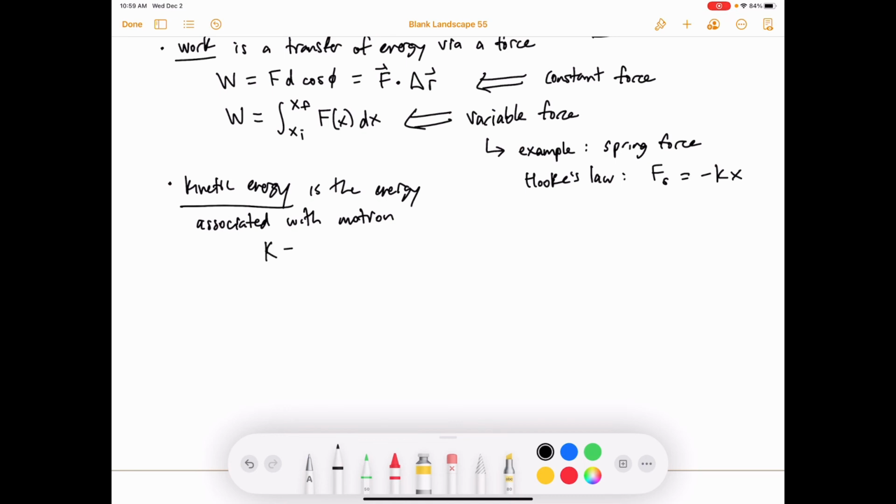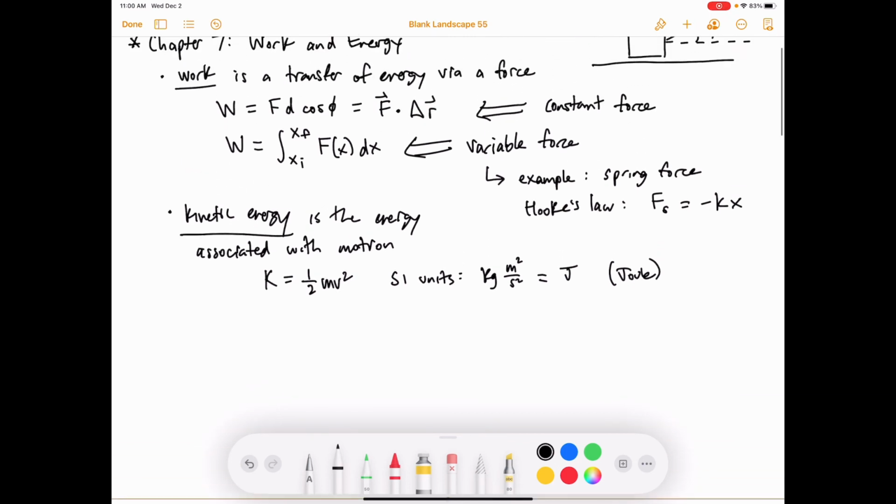Well, it's 1/2 mv squared. And if we take a look at the SI units of this, we have a mass, which would be measured in kilograms, and then we have a speed, which would be measured in meters per second. But we square that, so we have kilograms, meters per second, all squared, which is equivalent to a joule. So the SI unit of energy is a joule.